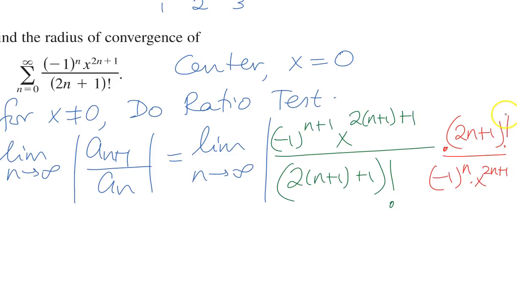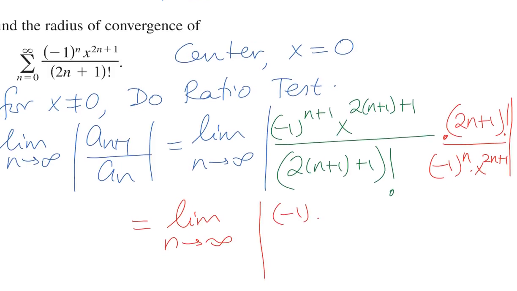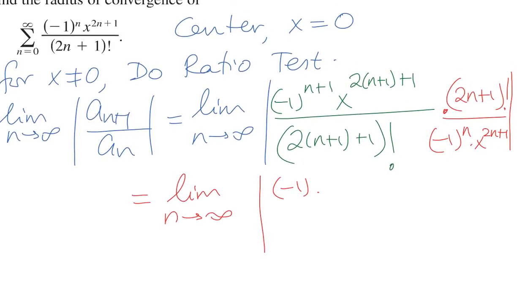Dividing by a_n is the same as multiplying by its reciprocal, right? That's what we did here. So here it's going to be the limit as n goes to infinity of, okay guys, you have an extra negative 1 in the numerator. It really doesn't matter, because when you take the absolute value, the negative 1 in a product disappears.